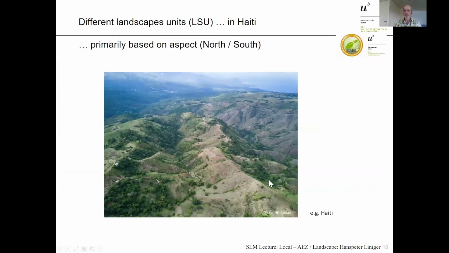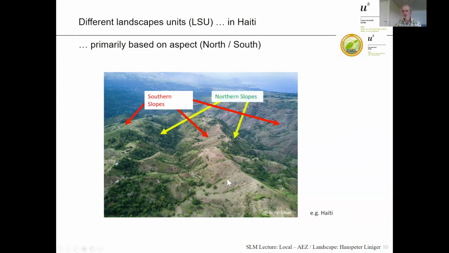I give you another example. We go to Haiti. Here the landscape units were primarily based on aspects. We are already in a mountainous area, you can see very widespread, but in order to differentiate these mountain situations, we found north and south very different. All the southern slopes look much barer, degraded, than the northern slopes.